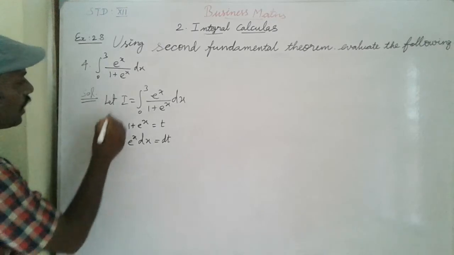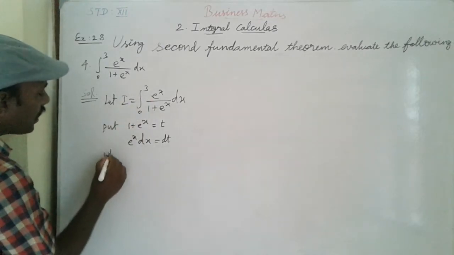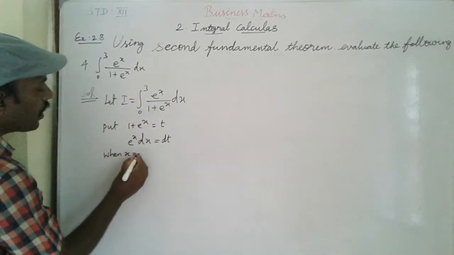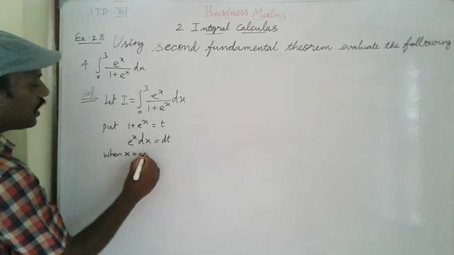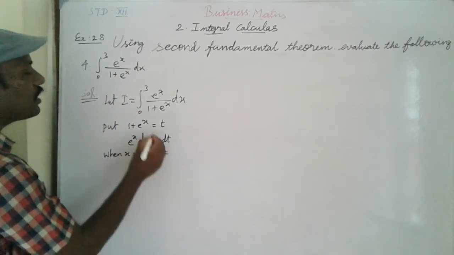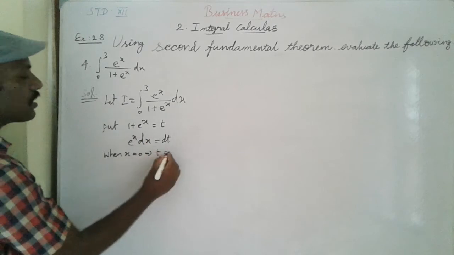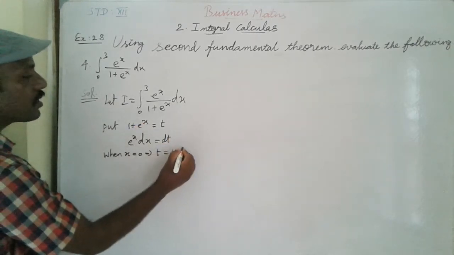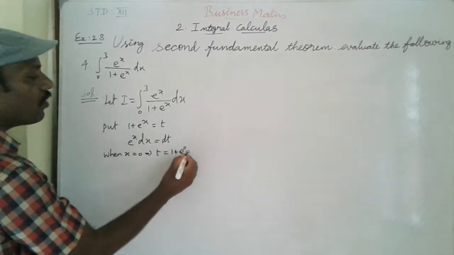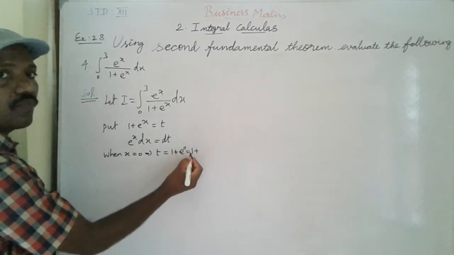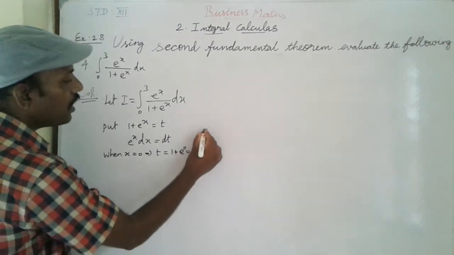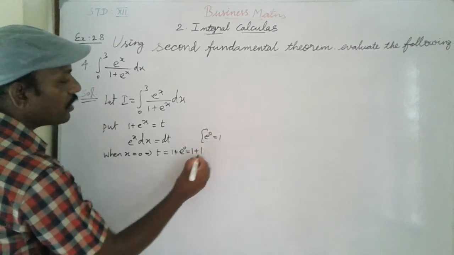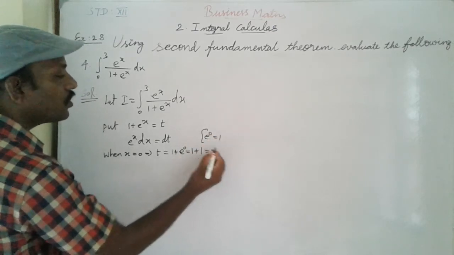Now change the limit. When x equals 0, t equals 1 plus e power x, so substituting 0, 1 plus e power 0. We know e power 0 equals 1, so 1 plus 1 is 2.